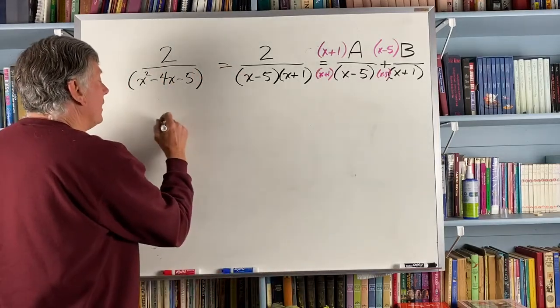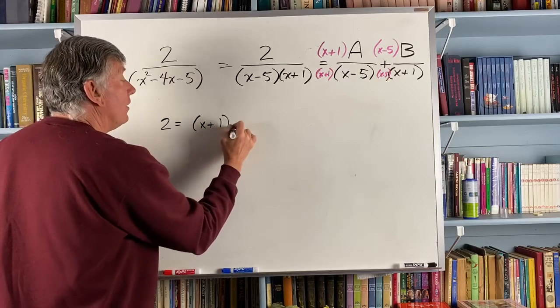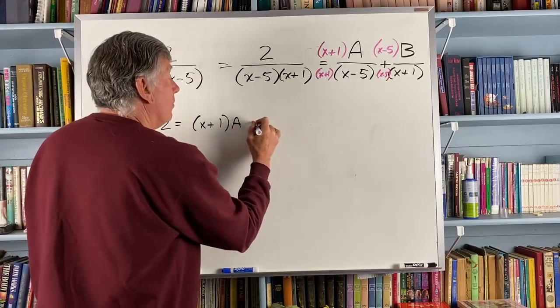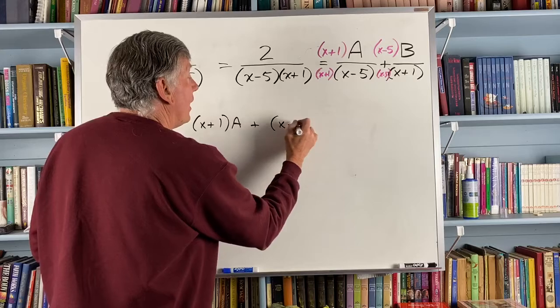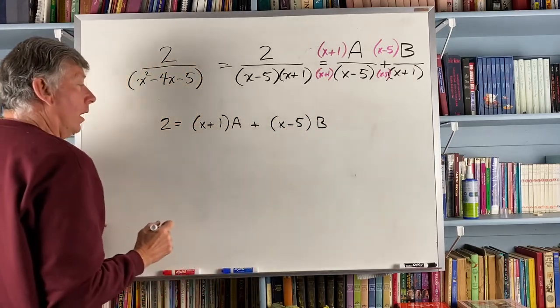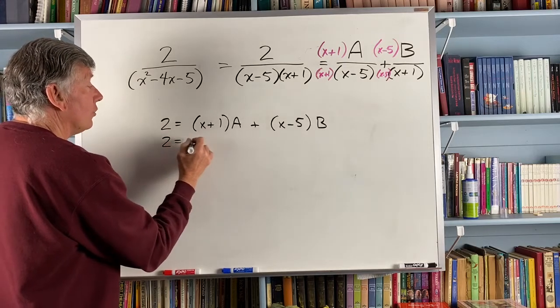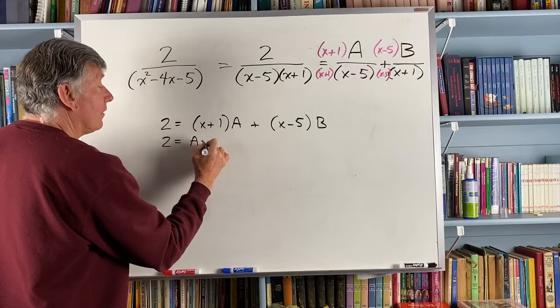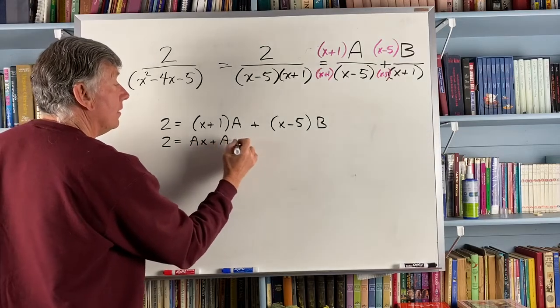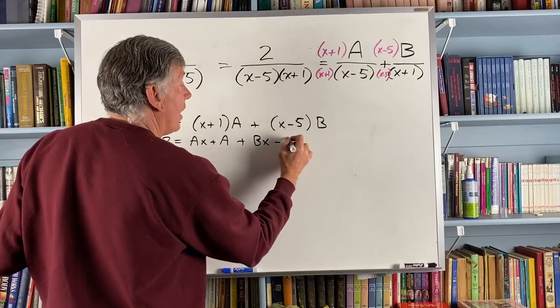When I do that, I get 2 is equal to x plus 1 times A plus x minus 5 times B. I can get rid of the parentheses: 2 is equal to Ax plus A plus Bx minus 5B.